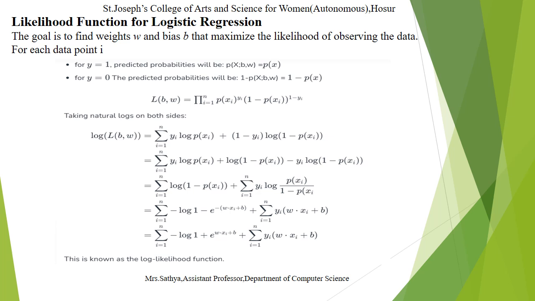We apply these values here, then take the natural log on both sides, using logarithms on both sides. Then we simplify, and this is known as the log likelihood function.